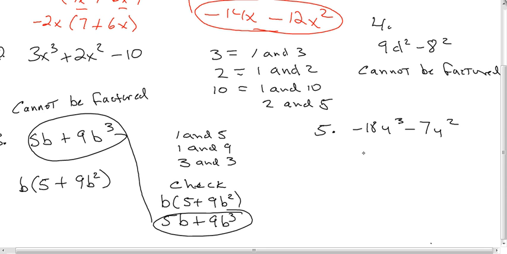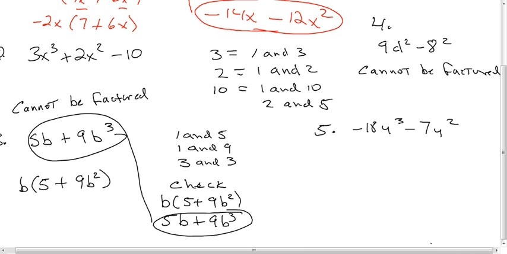And again, we will look at our factors. So let's look at our factors of 18: 1 and 18, 2 and 9, 3 and 6. And 7, we only have 1 and 7. But we do have y and y.